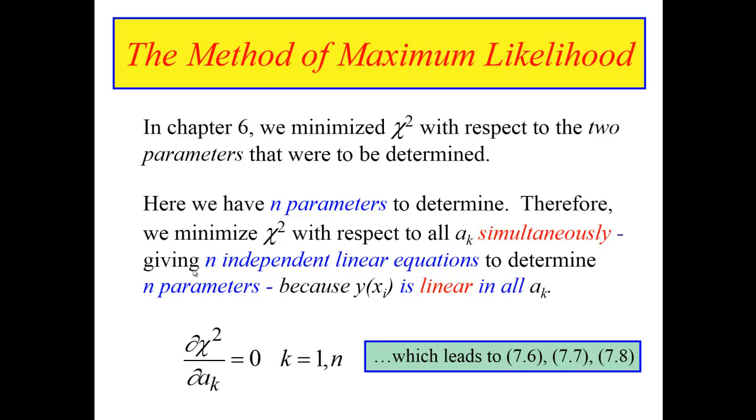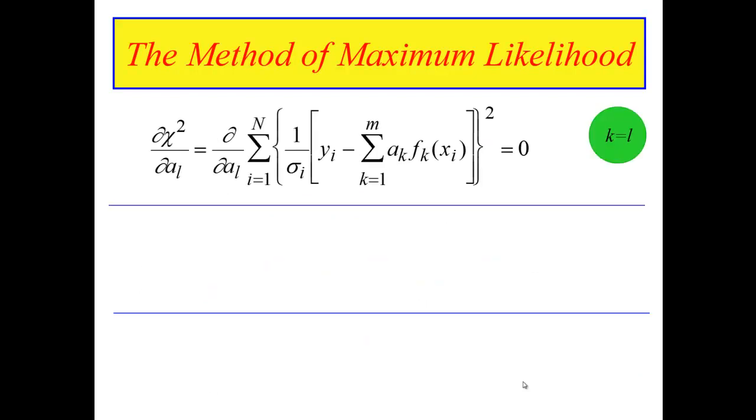So the basic approach of taking the derivative of chi-square with respect to each of the parameters and setting that equal to 0 will give us the n equations that are summarized in the textbook in equations 7.6, 7.7, and 7.8. So here we'll just take a quick look at 7.6.